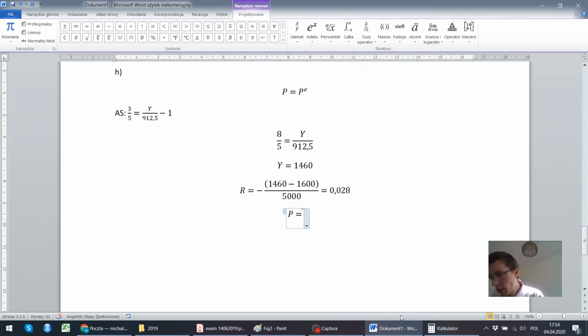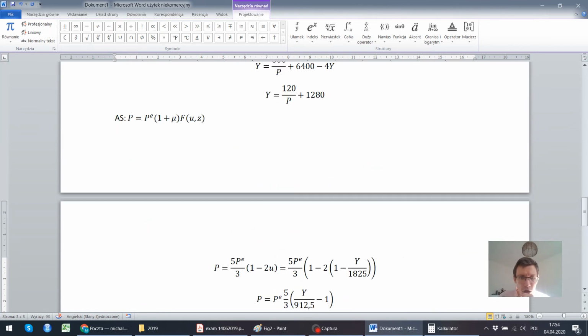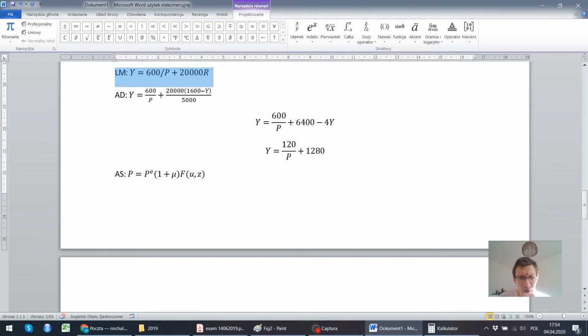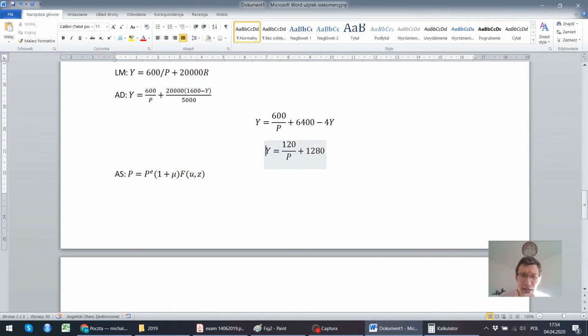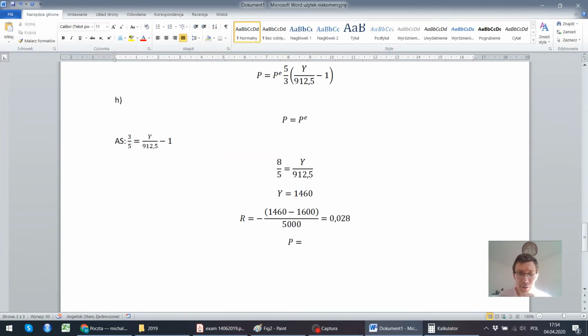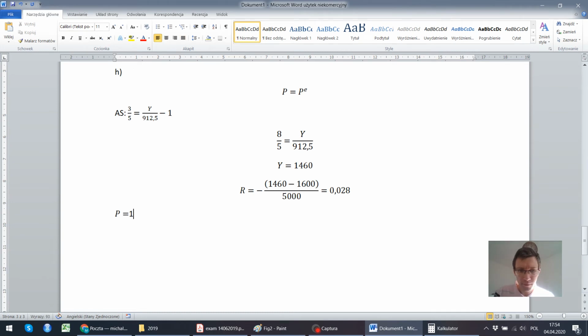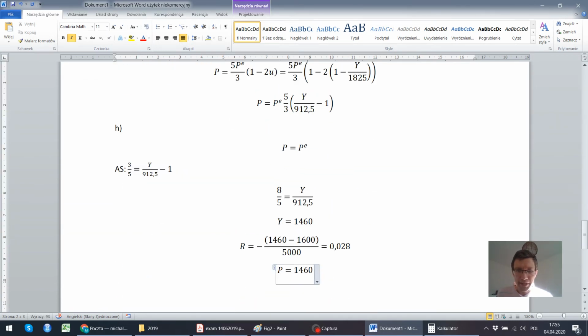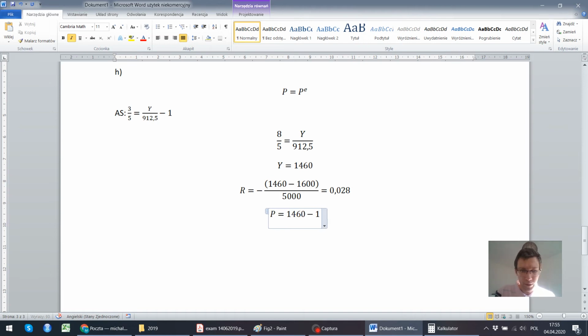And the last thing to compute is the equilibrium price level. For this, we can use either the IS curve, the LM curve or the AD curve. So let's use the AD curve. On the left-hand side, we have 1460 minus 1280.